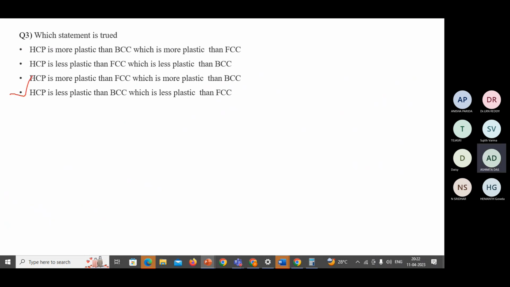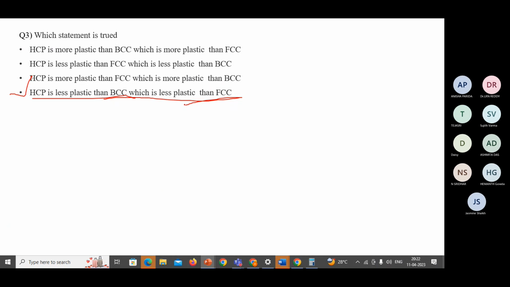The correct answer is this one. HCP is less plastic than BCC, which is less plastic than FCC. Okay. Sorry.